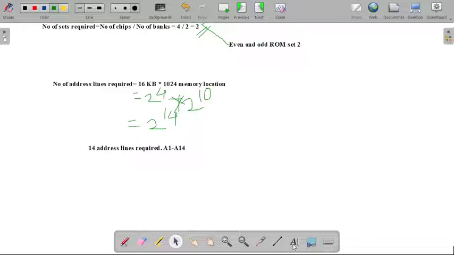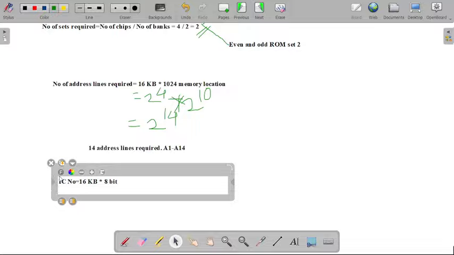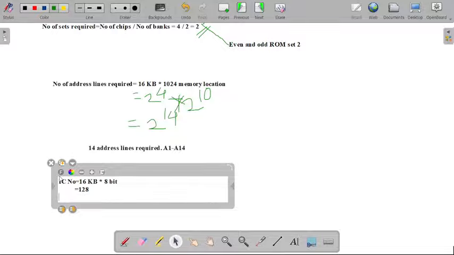Now next we have to find out the IC number. The IC number is equal to 16 KB into 8 bit. So 16 into 8, we get the answer 128. And here I'm writing this 128. For our IC number, we have to write it for ROM.